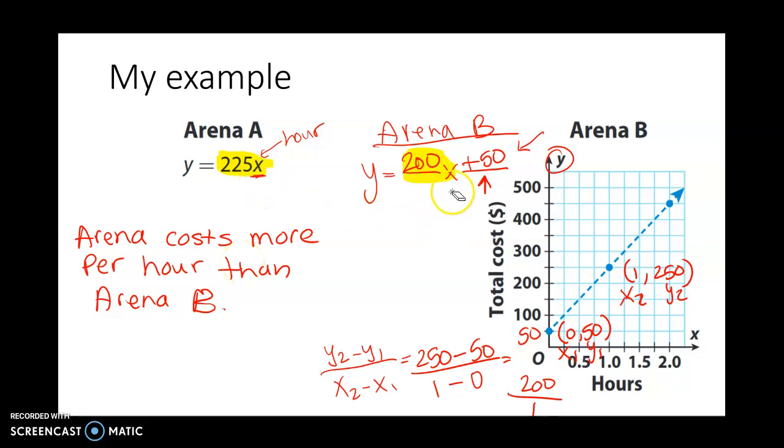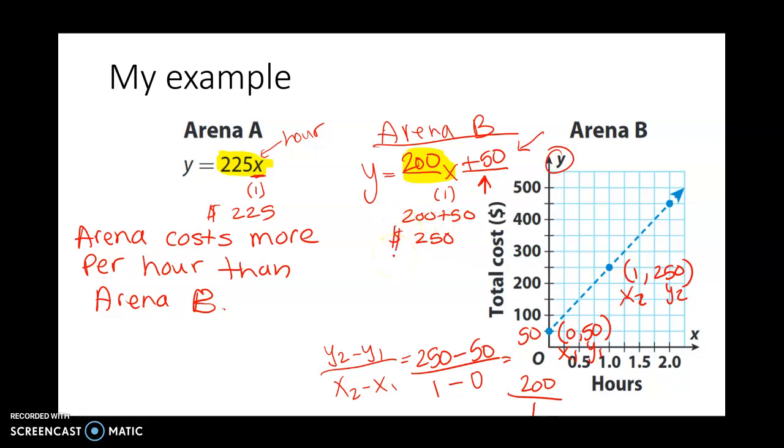So we said in our sentence that arena A costs more per hour than arena B. Sure, they charge more per hour, but for just 1 hour, let's do 225 times 1. That's 225. What's 200 times 1? 200 plus 50 is 250.